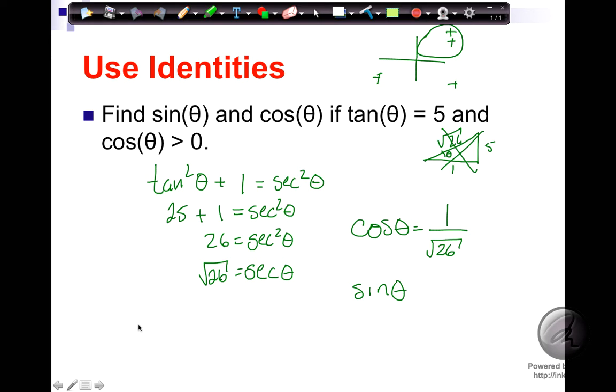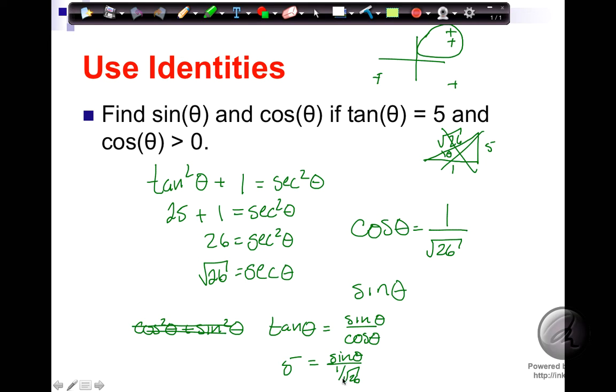We could actually go cosine squared plus sine squared. Oh, no, let's not use that identity. Let's use tangent. We know that tangent of theta is equal to sine of theta over cosine of theta. In this particular case, tangent is 5, and cosine is 1 over radical 26.